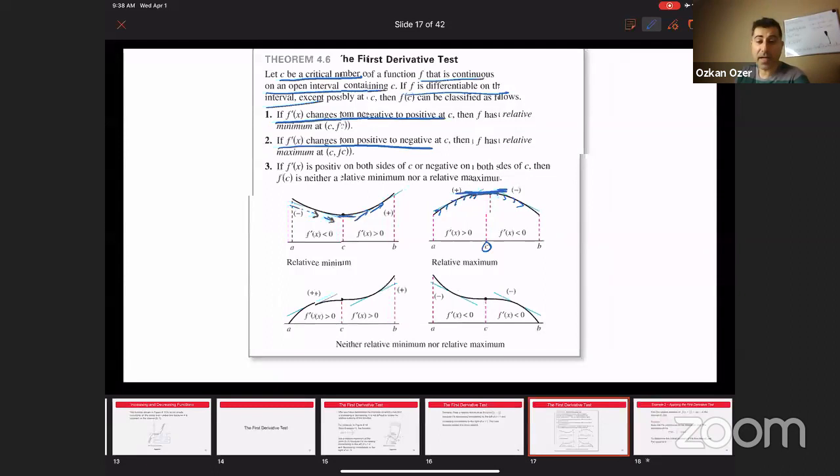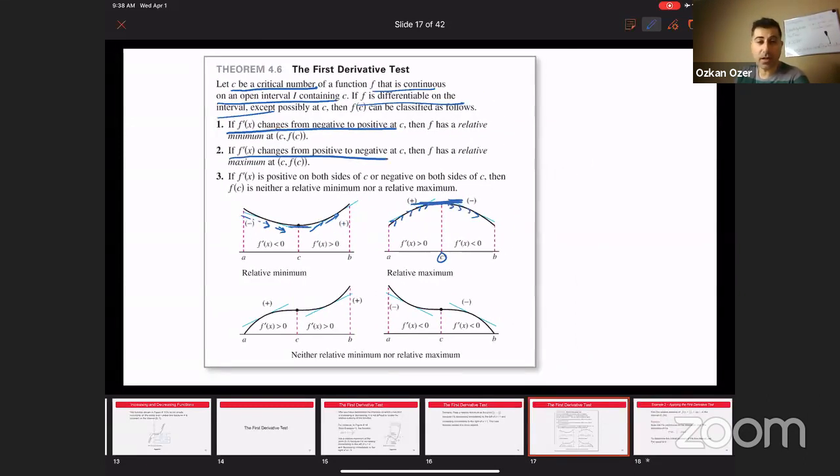If f prime does not change its sign across a critical point, like in this case, for example, f prime is positive because f is increasing. While f prime is still positive, f is still increasing. You can't say this point gives you a relative extrema. There's another name for this point, but you will see that in the next chapter. And likewise, f is decreasing here all the way, so f prime is negative.